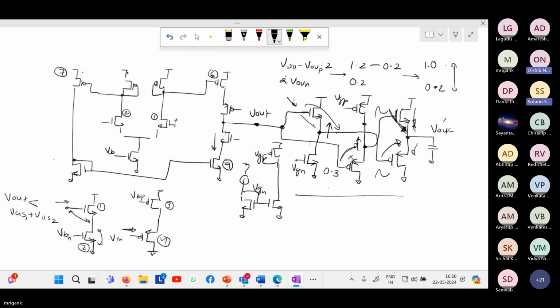So each path is like two common drain amplifiers put in cascade, right? Yes. So you can cascade it. You can say like that. So individual paths, if I look at them, are something like cascading of common drain amplifiers.